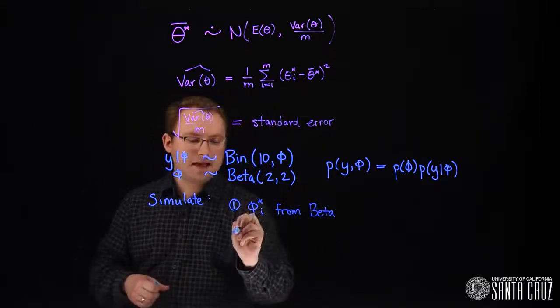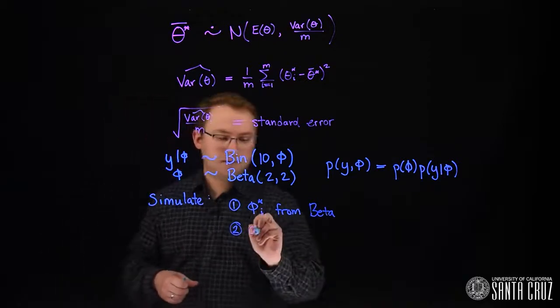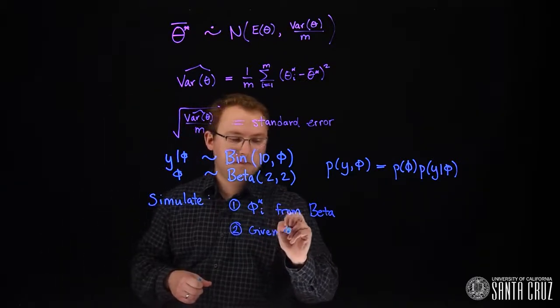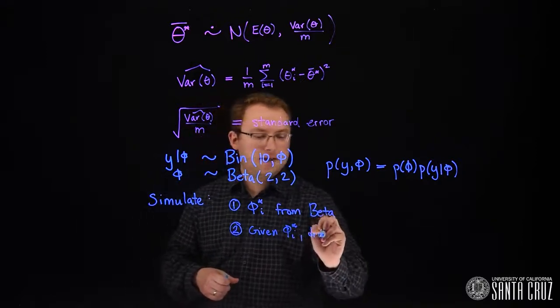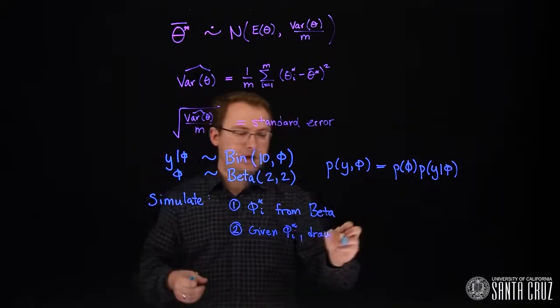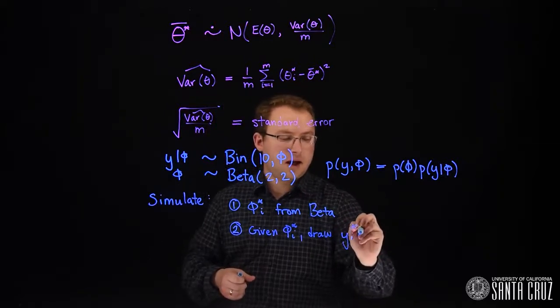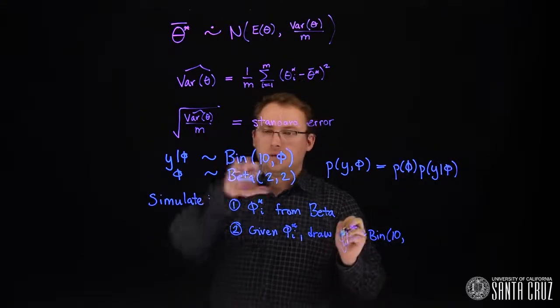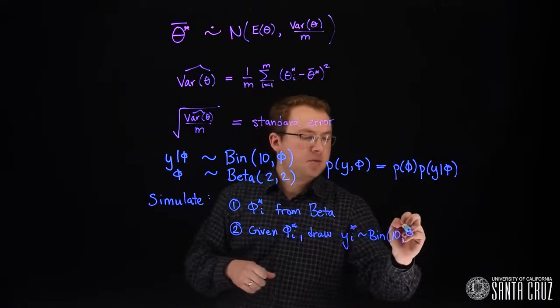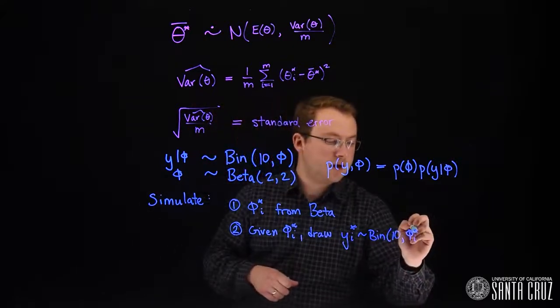Then the second step is, given this value that we just drew for phi, we would draw a sample from this binomial distribution. We'll call this sample y star i from this binomial distribution with 10 trials, and the success probability would be the success probability we just drew, phi i star.